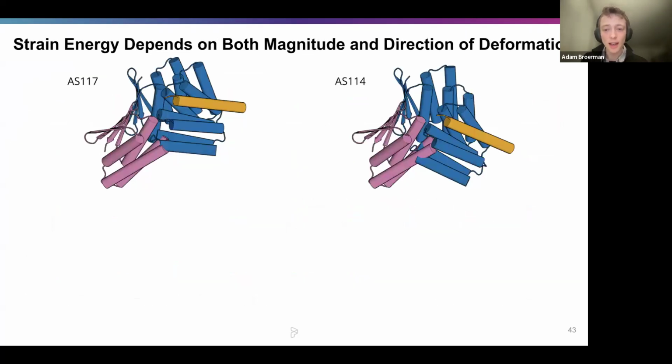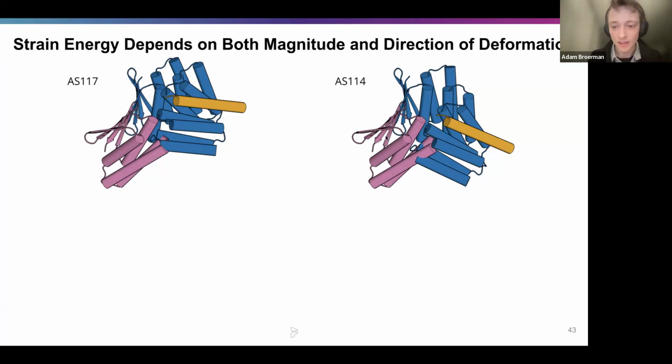So I wanted to highlight two of these designs as exemplars of more general behavior that I noticed when comparing all of these around 40 designs. This design, AS117, was the fastest one. This is the one that showed both the highest accelerated dissociation rate and also the highest total acceleration of dissociation.